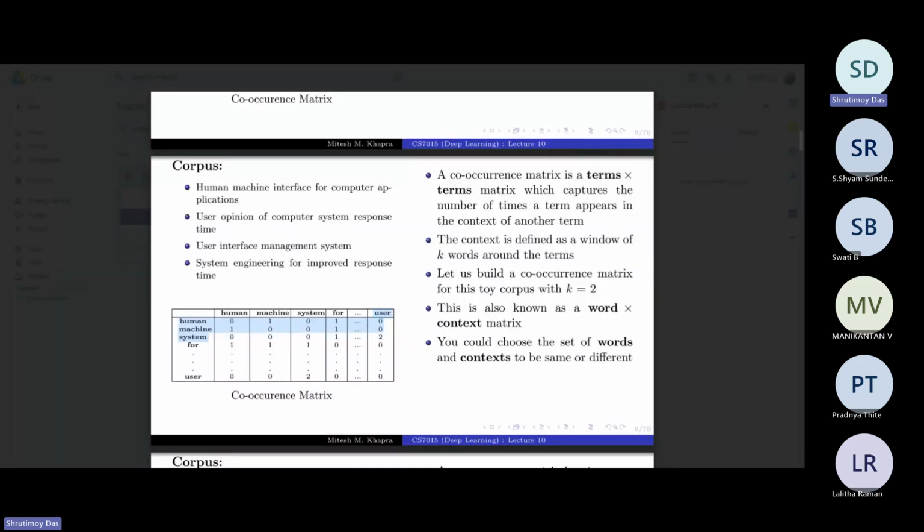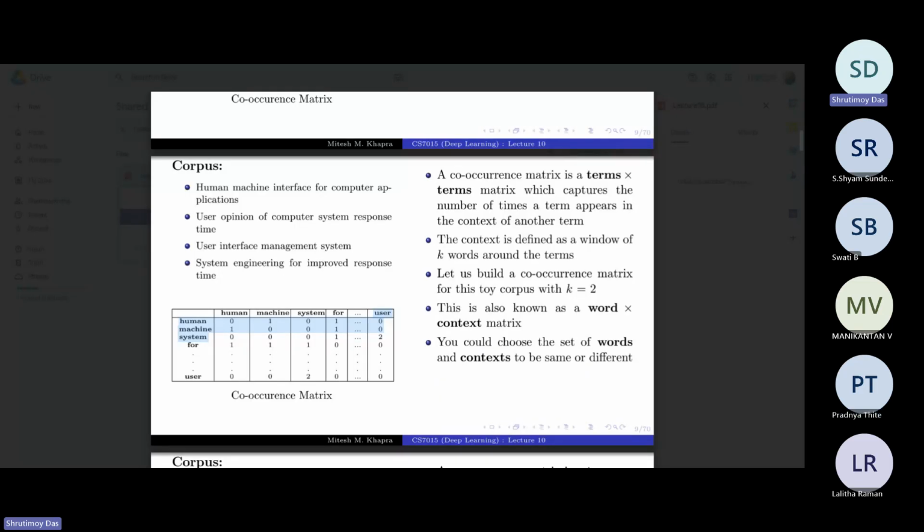Similarly, because we have this corpus of say 4 sentences, you tokenize each of these sentences. If a word occurs twice, you do not add it again to the set of tokens. Using this, you will have a set of tokens. Now you want to see how many times these words co-occur.